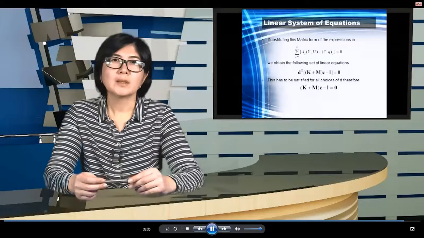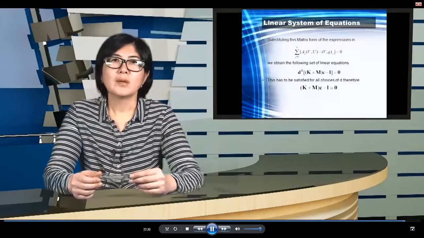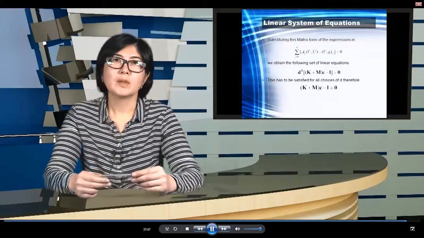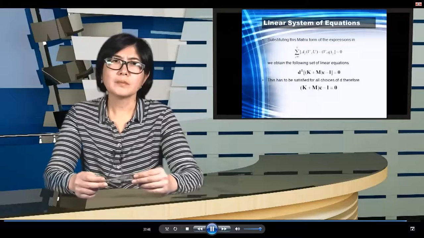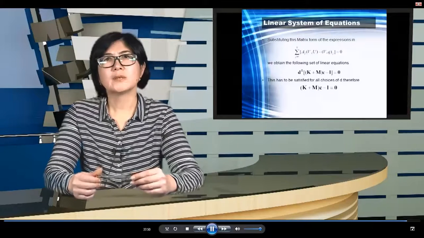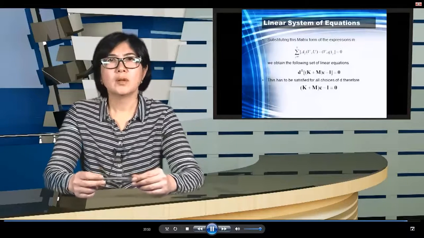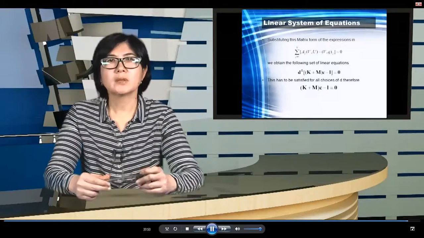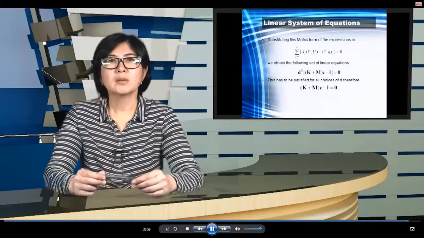Substituting these matrices from the expressions into the next, we obtain the following set of linear equations. You can look at your slide. This has to be satisfied for all choices of D. Therefore, the expression in the square brackets has to vanish.